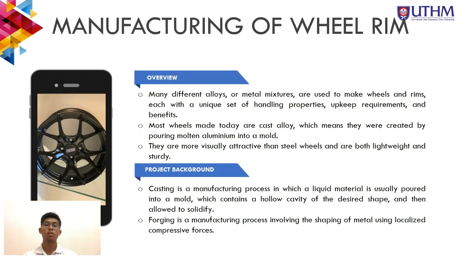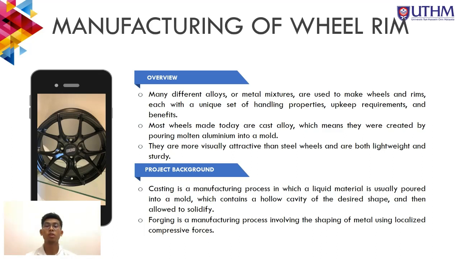Okay, now I am going to present the introduction of this project. First of all is the overview of this introduction. Many different alloys or metal mixtures are used to make the wheel rim, and each different metal or alloy has different properties, different specialization to make the rim.